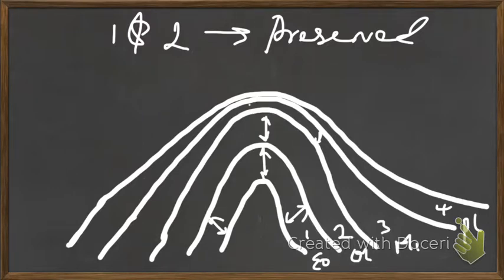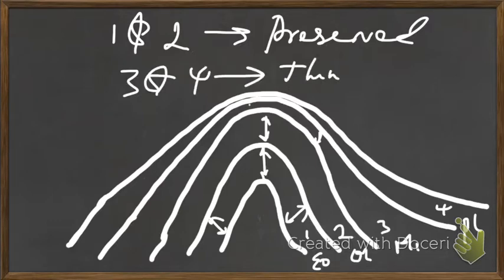But for units 3 and 4, we see thinning onto the structure, especially at the crest of this structure.